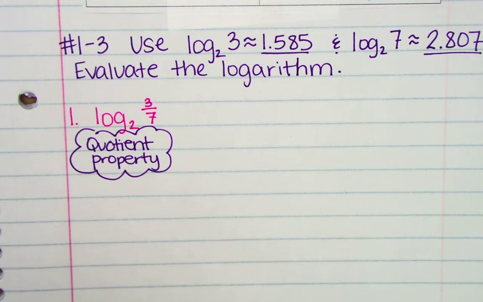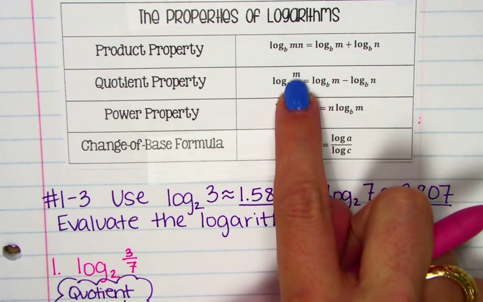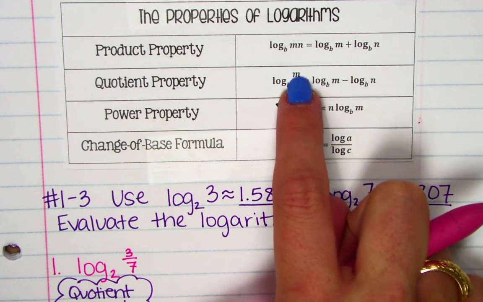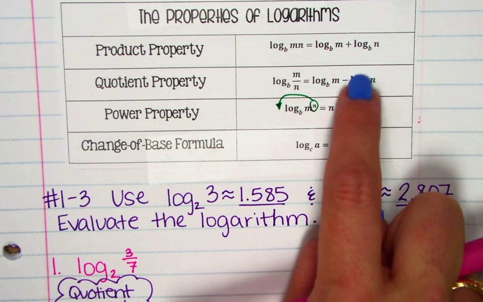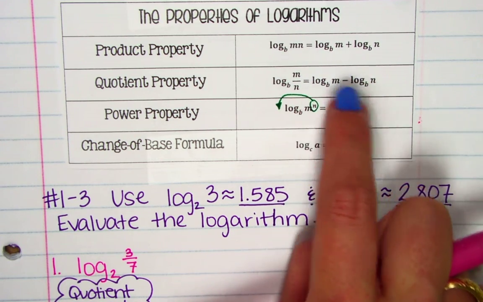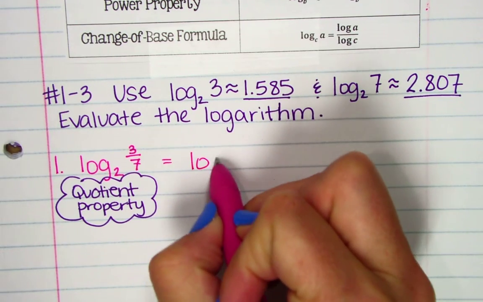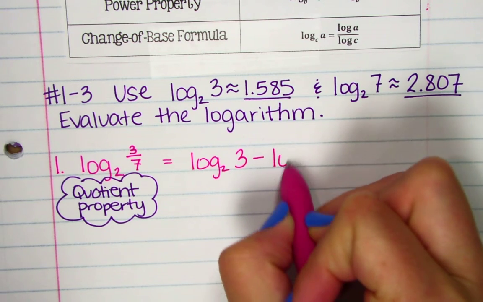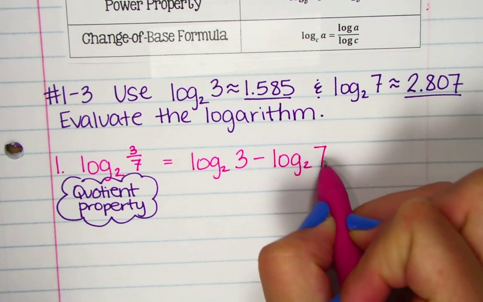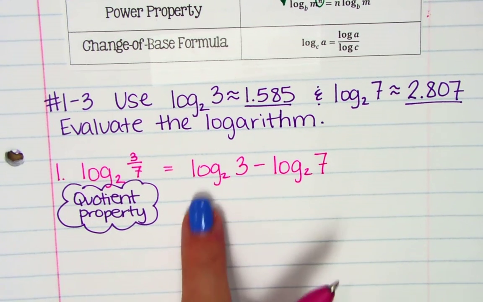And what the quotient property says is if you have a log of something divided, you take log of the first one minus log of the bottom one. Sorry, log of the top minus log of the bottom. So I'm going to do log base 2 of 3, top, minus log base 2 of 7. That's what the quotient property tells me.